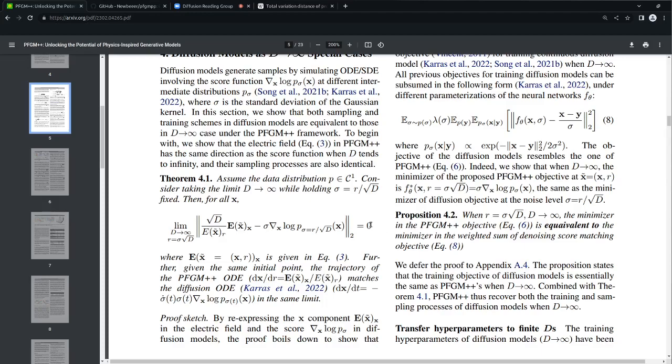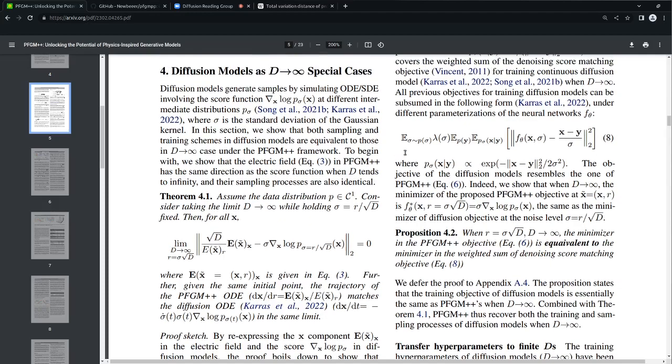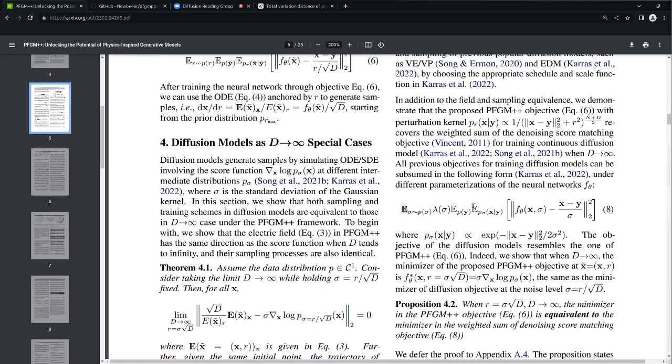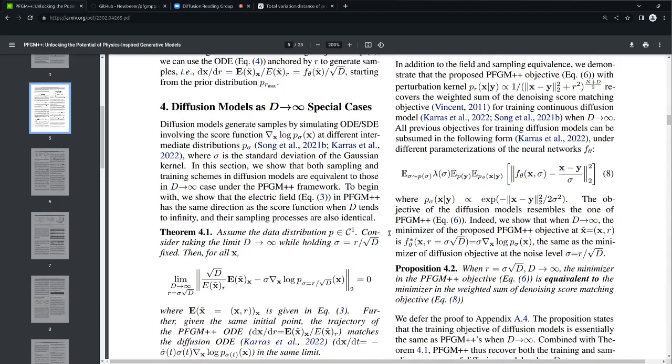Interesting. Where is the diffusion objective? No, that's not the diffusion. Oh, actually yes, this is the diffusion objective. Well, can't you just plug in?